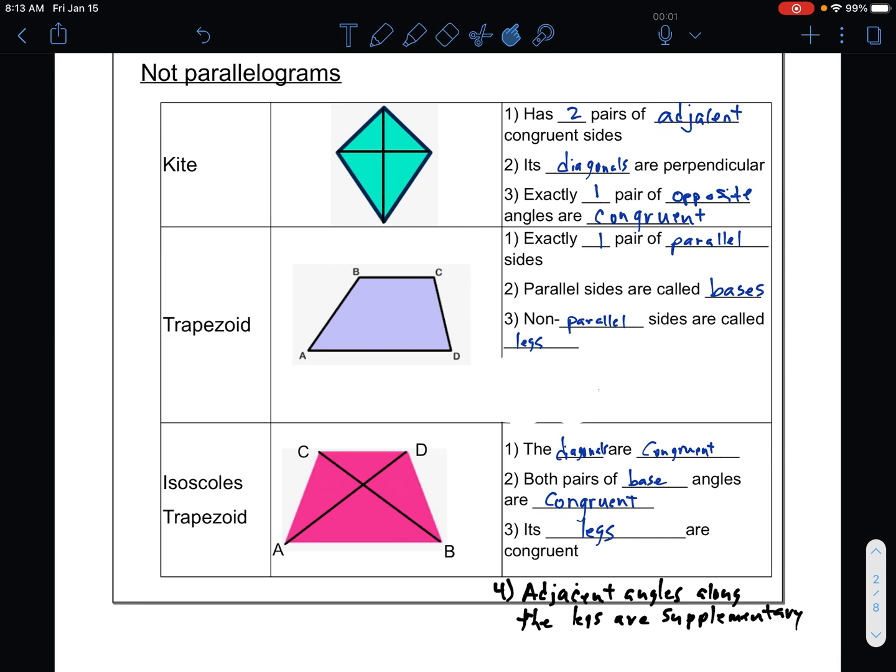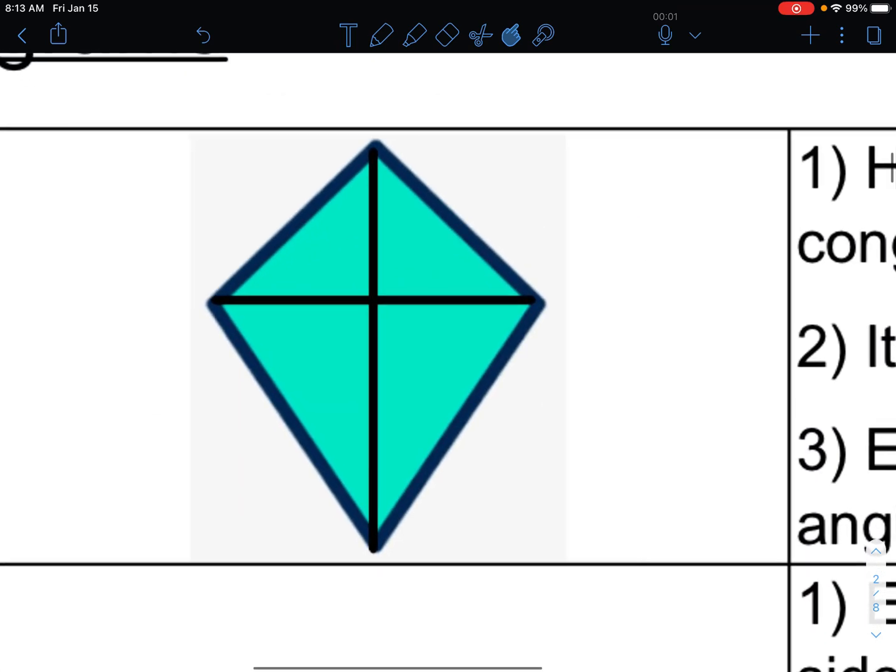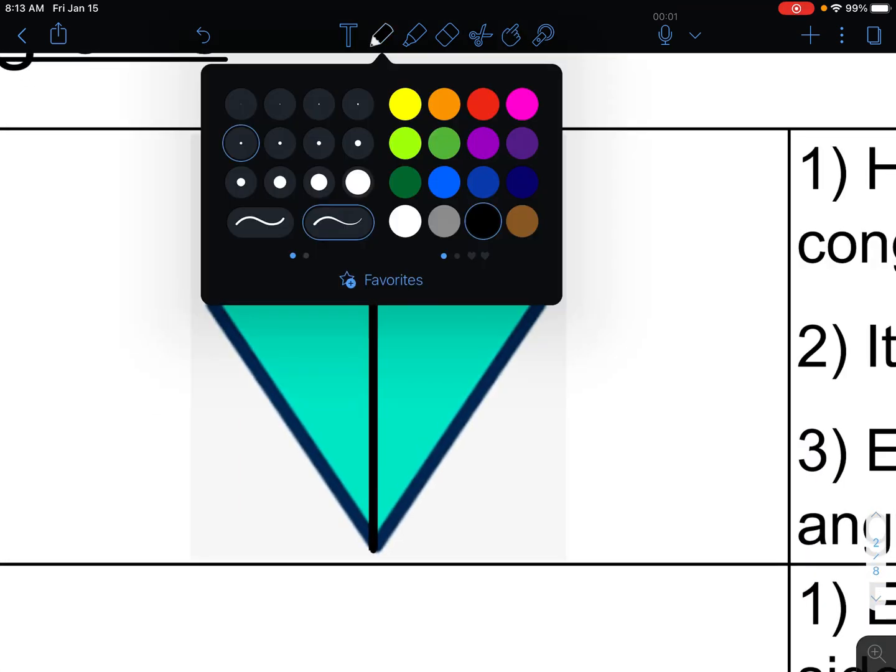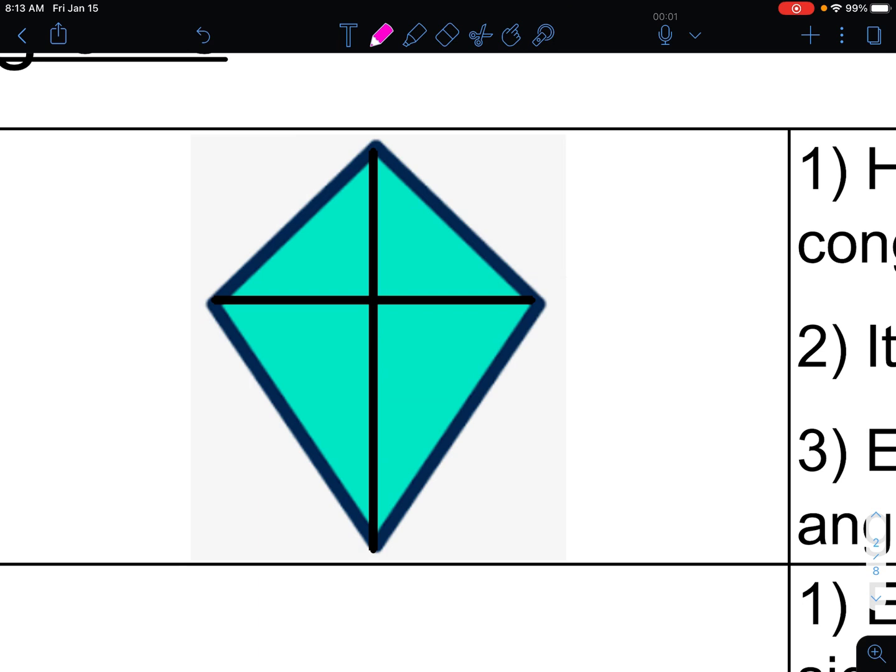Please jot down the properties. A kite has two pairs of adjacent congruent sides. Its diagonals are perpendicular. And exactly one pair of opposite angles are congruent. So what does that mean? The adjacent sides, the ones that are next to each other, there are two pairs that are congruent.